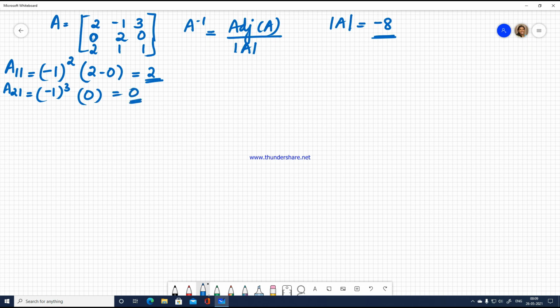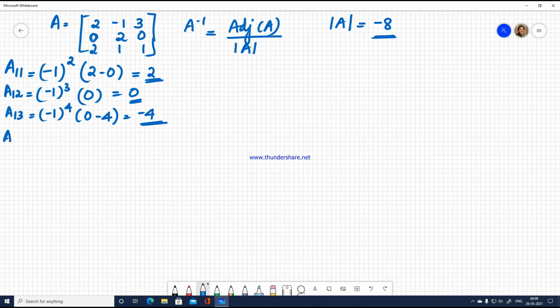Then this is A12. A12 is equal to, this is A13. That is minus 1 raised to 4. Then you cover this particular column and the row, it will be 0 minus 4, we will get it as minus 4.